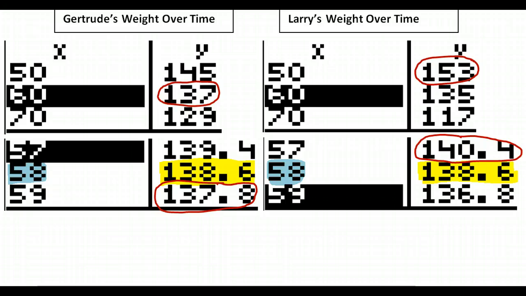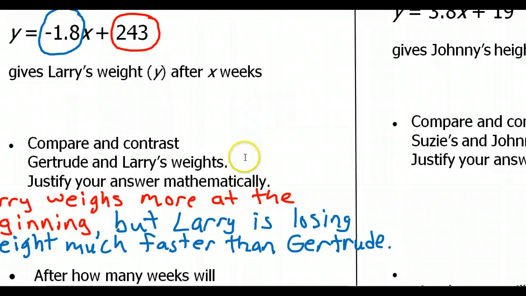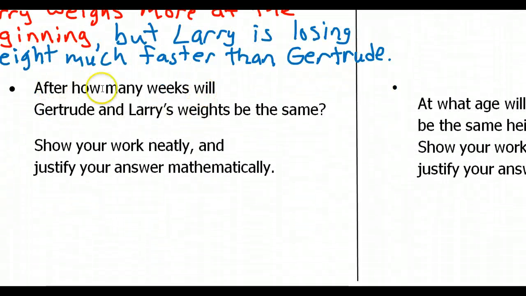So looking back at the paper, we were supposed to tell after how many weeks will Gertrude and Larry's weight be the same. And it turned out that their weight will be the same after 58 weeks.